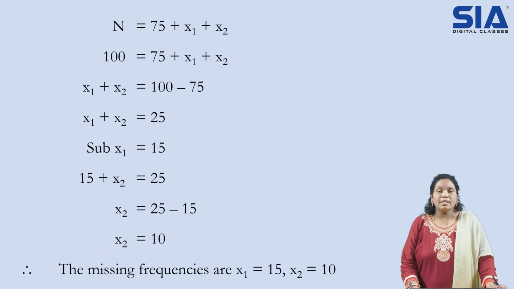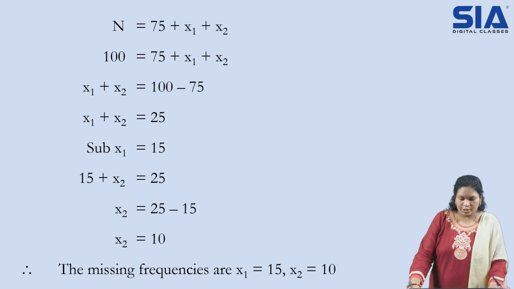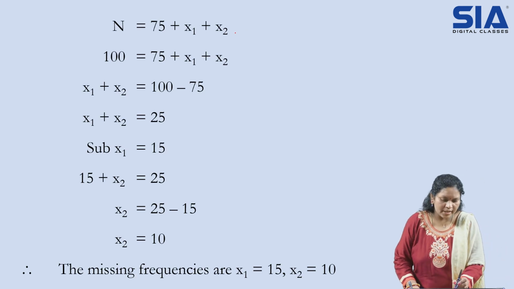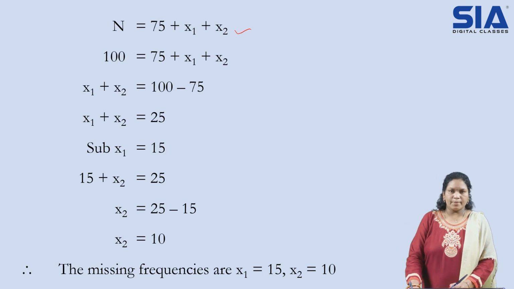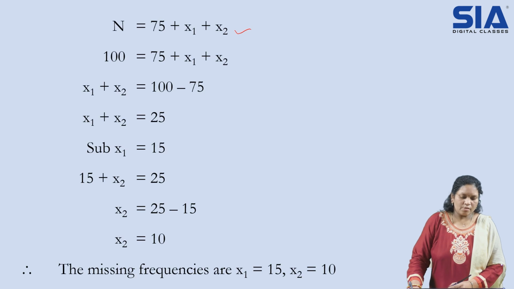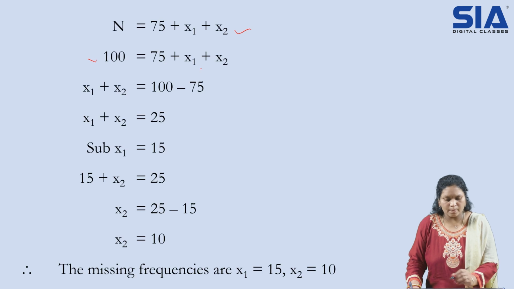Now using this first frequency, let us obtain the second frequency x2 also. From the table, n is 75 plus x1 plus x2, right? The n they have given us is 100, so I have substituted 100 here: 100 is equal to 75 plus x1 plus x2.